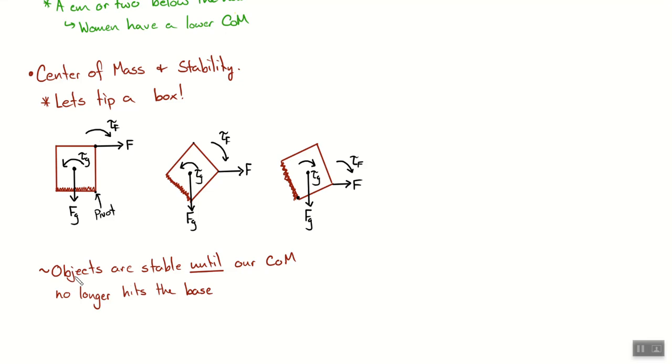I'm going to fix this because it sounds funny as I read it. Objects are stable until our center of mass, and I'm going to say just in parentheses, the force due to gravity at this point no longer hits or crosses over the base. So if we stop applying force but our center of mass isn't there, we're going to see that thing tip.